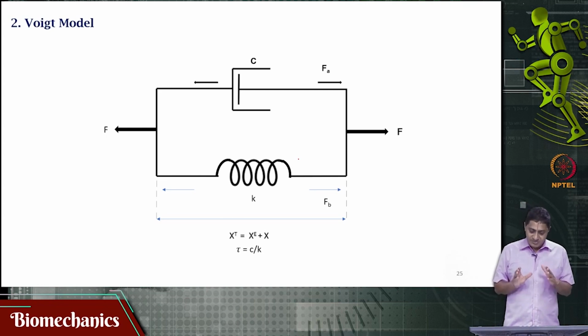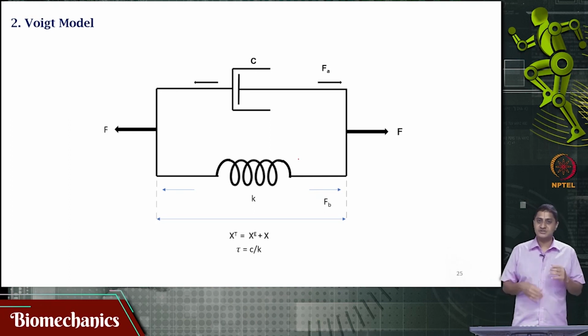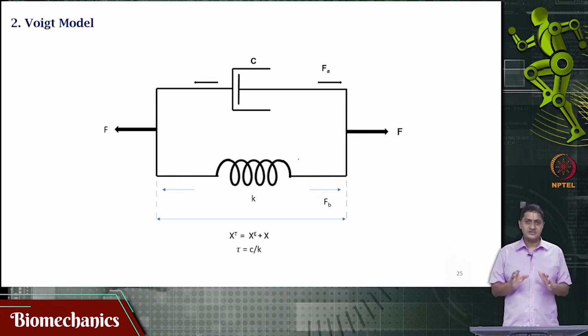But just by examination of this model, I immediately know that the response is going to be qualitatively different. How? Because previously, the force felt by the two elements in the Maxwell model was the same, but the deformations were different, and we summed the deformations to a total deformation, and then we modeled the whole thing as a function of the deformation, and then converted it into forces with appropriate initial conditions and so on.